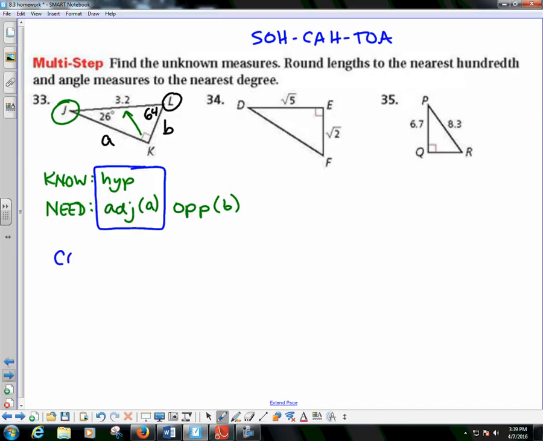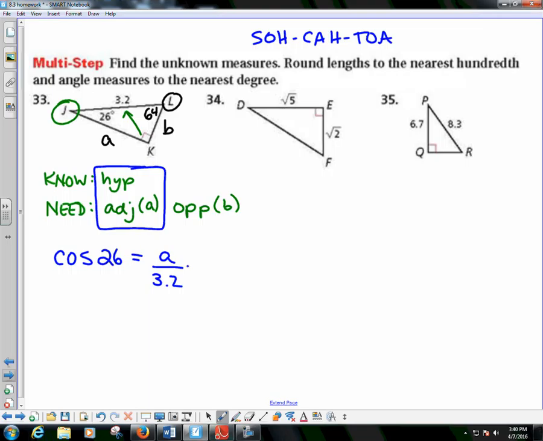So my cosine equals the adjacent over the hypotenuse. So cosine of angle J, 26 degrees. The cosine of 26 degrees equals the adjacent over the hypotenuse. So A over the hypotenuse, which is 3.2.